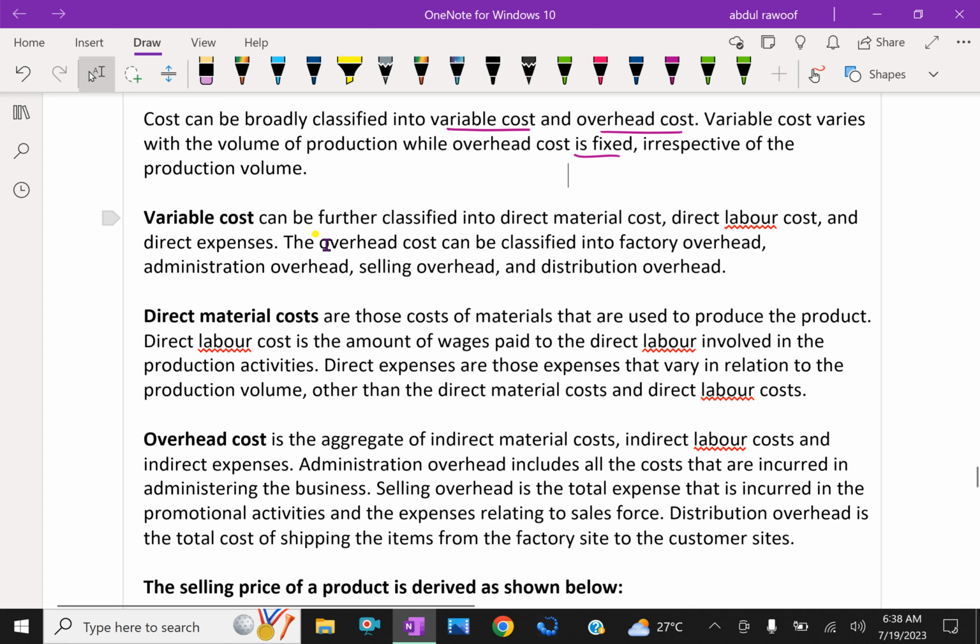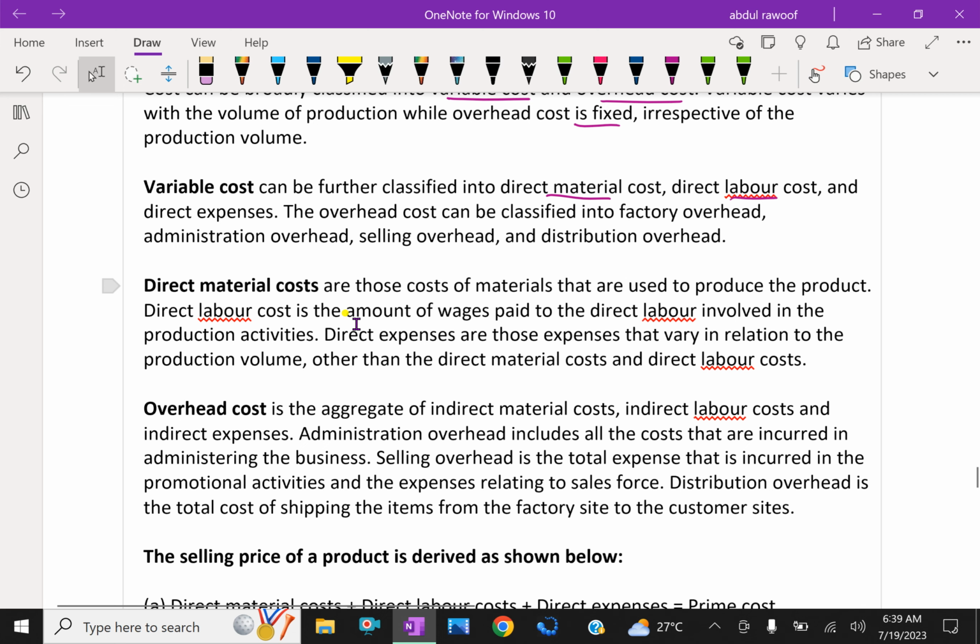Variable cost can be further classified into direct material cost, direct labor cost and direct expenses. The overhead cost can be classified into factory overhead, administration overhead, selling overhead, and distribution overhead.